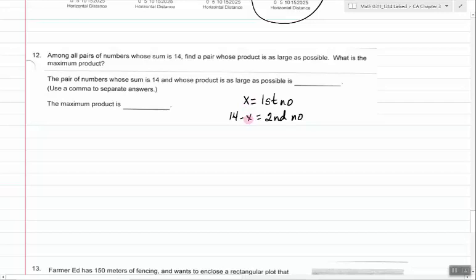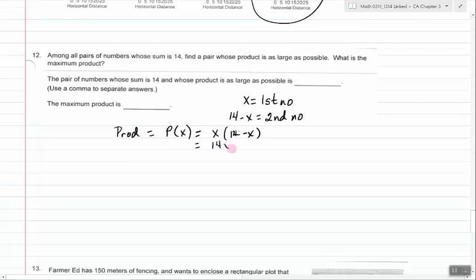And you could see that if one of them was 4, the other one would be 14 minus 4, which is 10. Okay, so this is going to be helpful to you. Now, the product, and I'm just going to call it P of x, is x times 14 minus x.